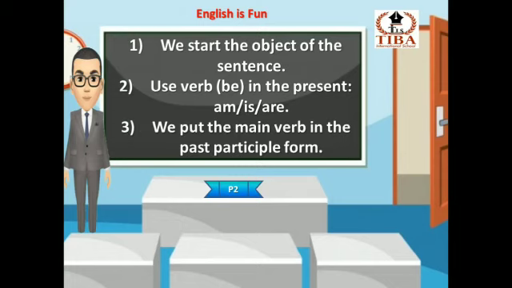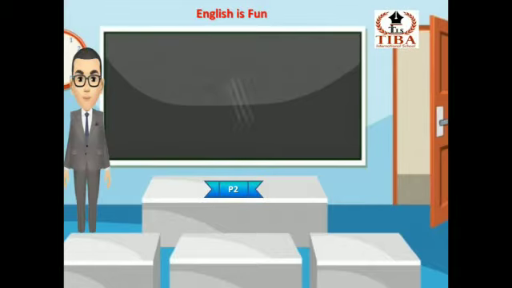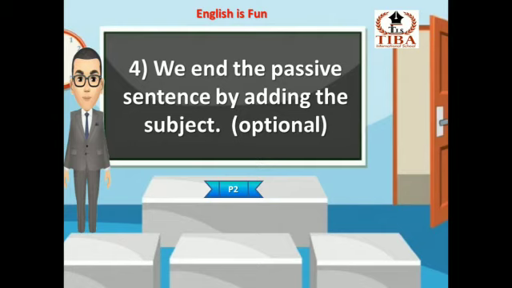Put the main verb in the past participle form, whether it's a regular verb or irregular verb. The fourth step, which is optional, we use it when we are asked to do it. We put by and the subject of the active sentence at the end.